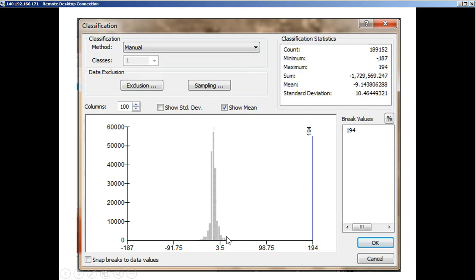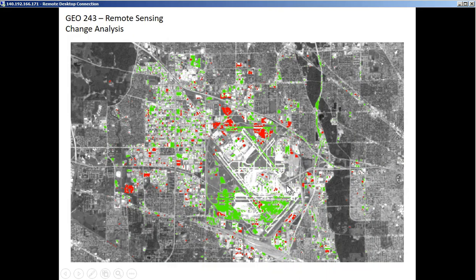So now the skills you learned in density slicing become useful as you start nipping at those tails of those histograms. So change analysis, right?